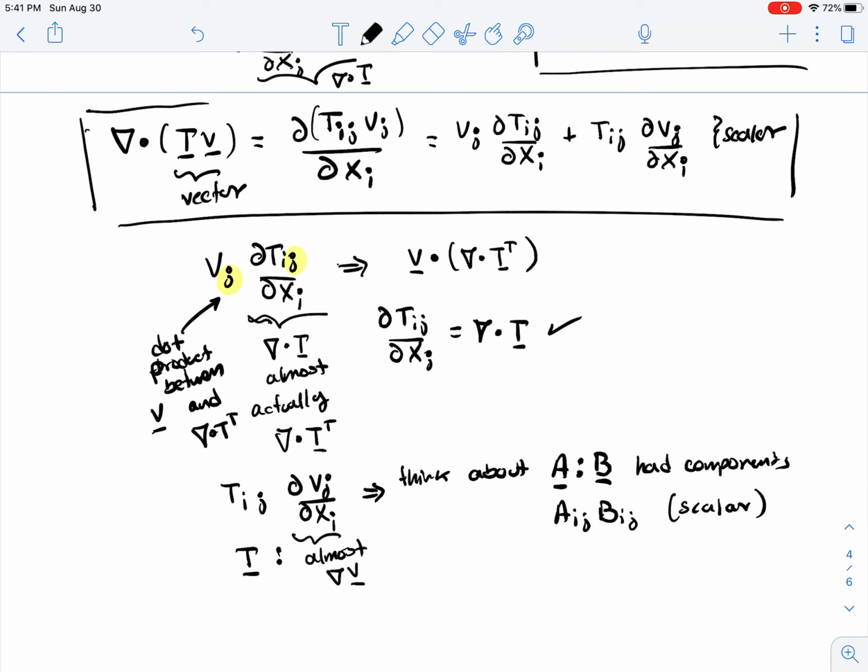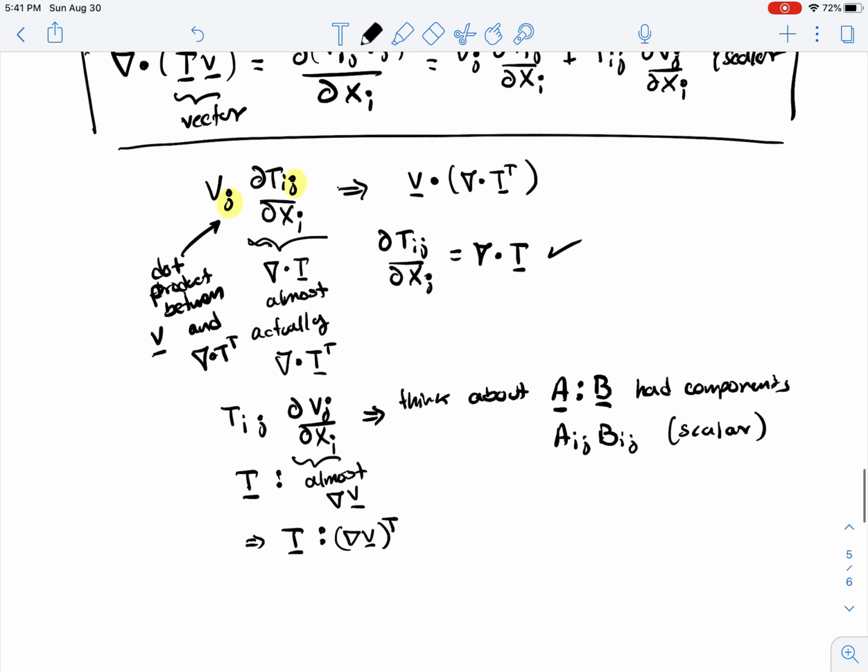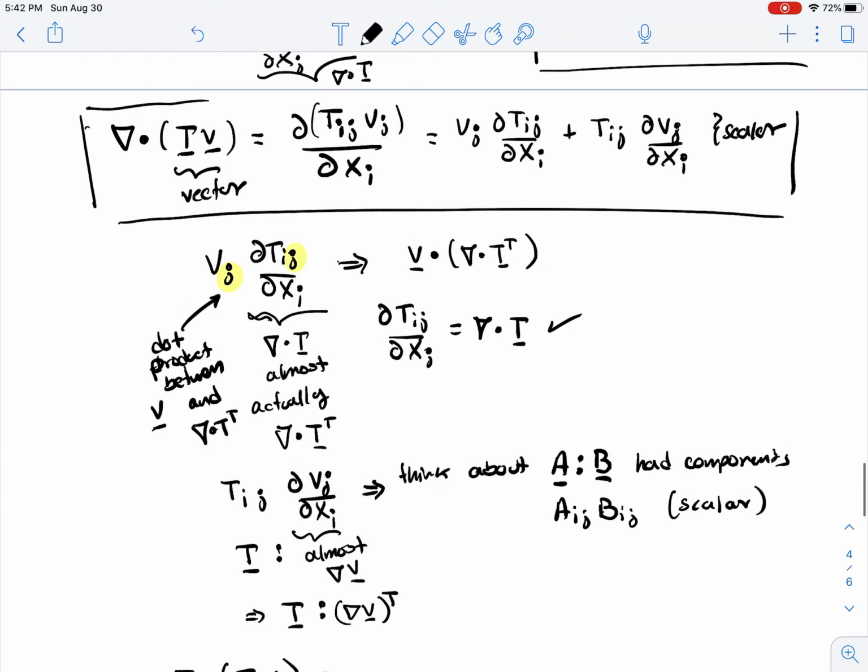So actually this is the gradient of V transpose. So this will be T double contracted with the gradient of V transpose. So going back to my initial thing, I wanted the divergence of T applied to V.